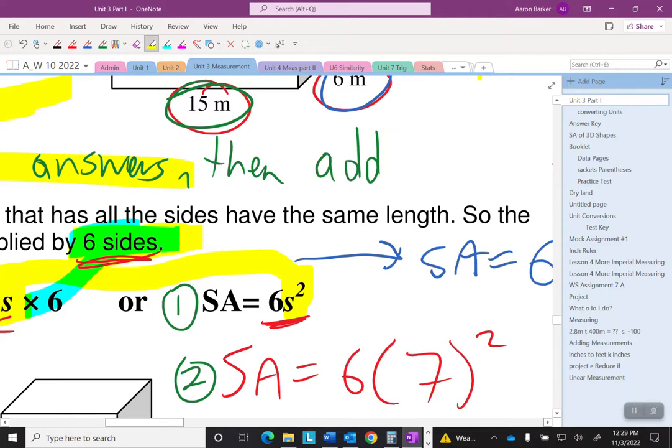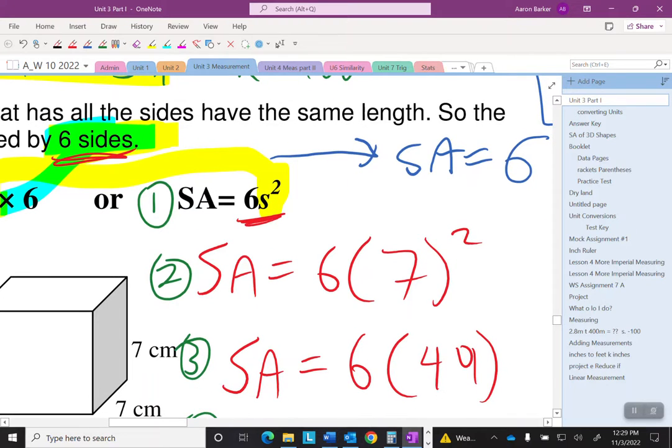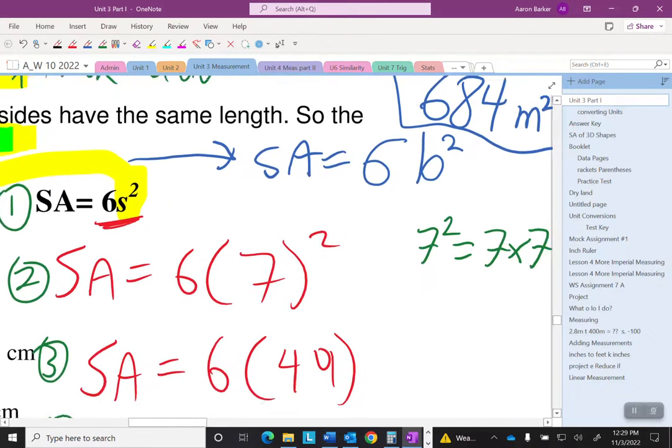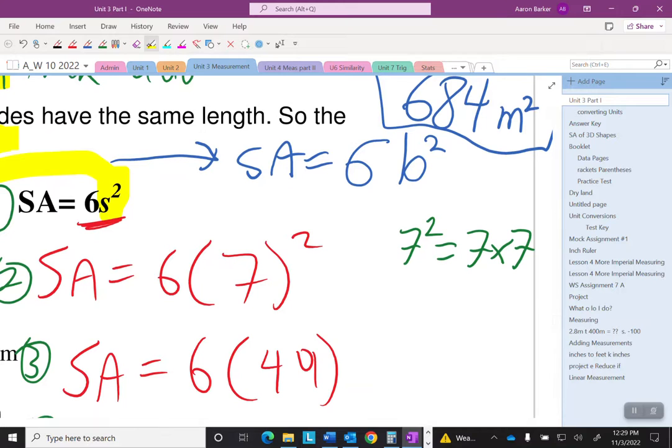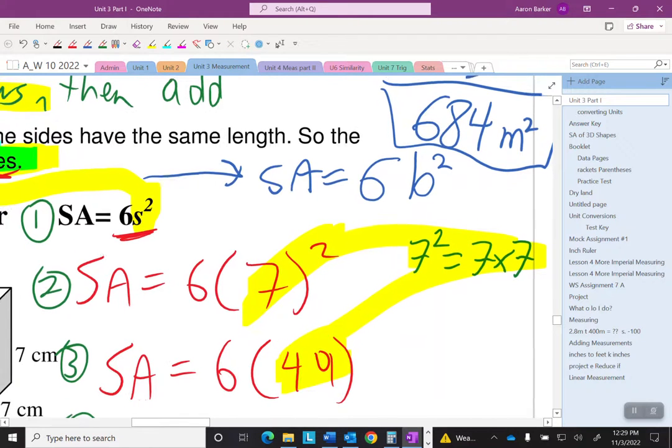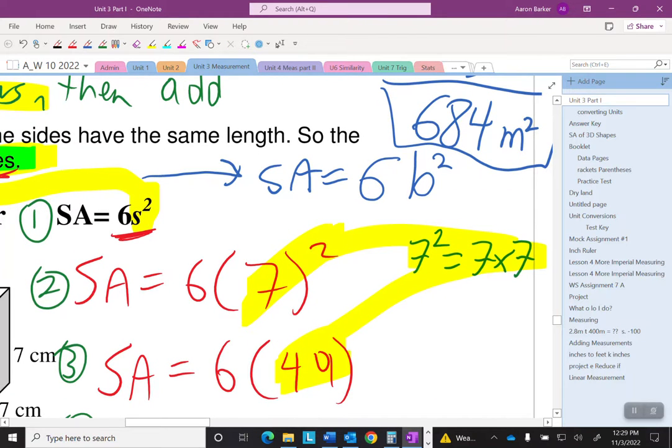Yeah, 7 squared is 7 times 7. So you're right. Okay, we're going to go 7 squared. So that'd be the third line of work. So just to remind you, 7 squared is 7 times 7. That's how we got the 49.